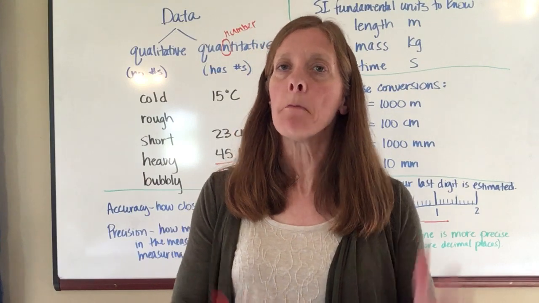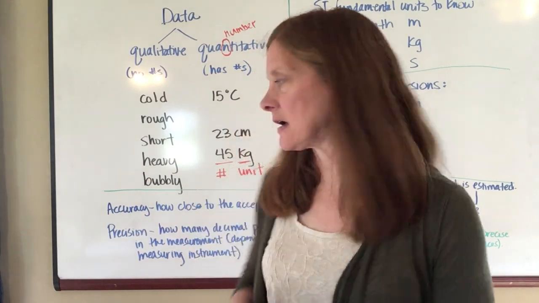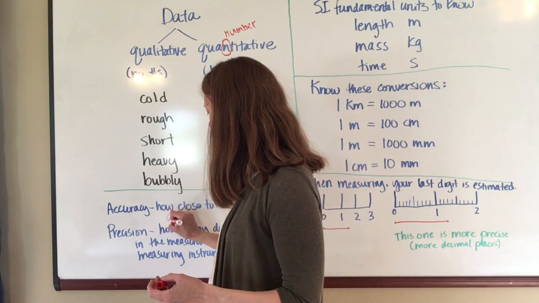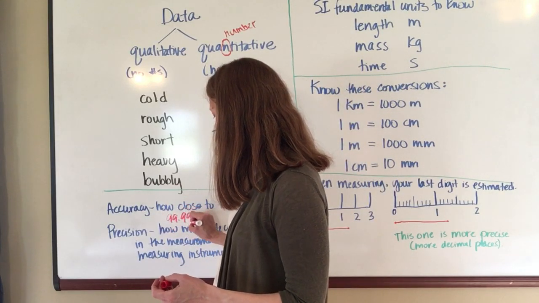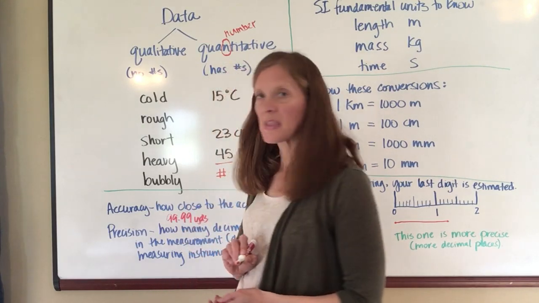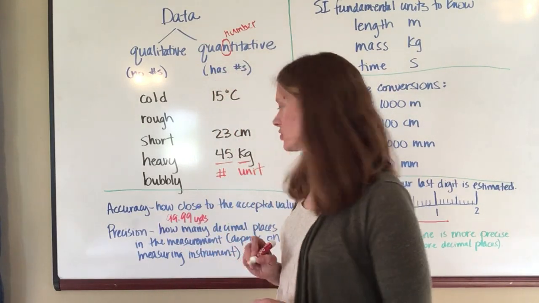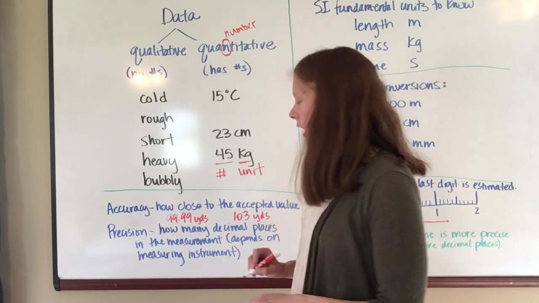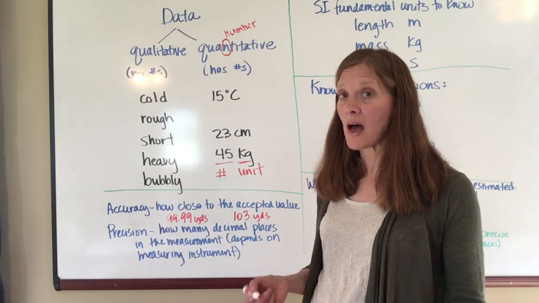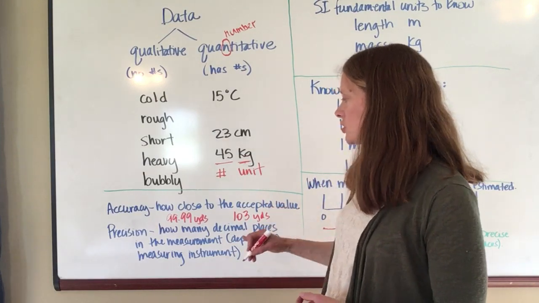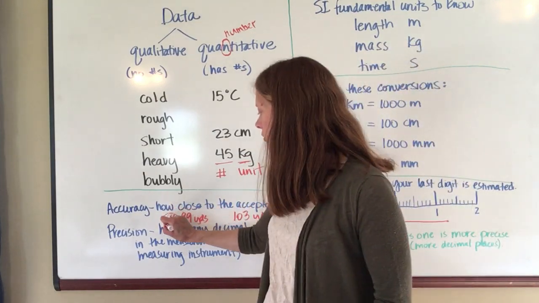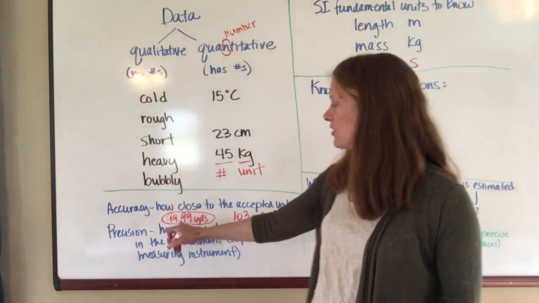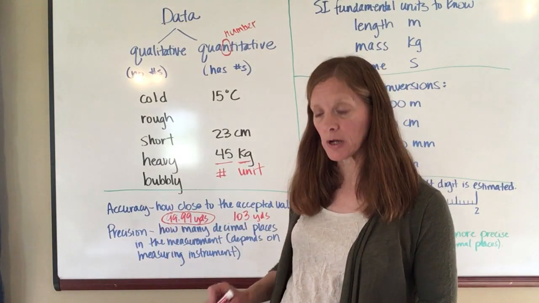And so if you measure a football field and somebody measures it as 99.99 yards, and somebody else measures it as 103 yards, obviously one of those is a lot closer than the other. Because 99.99 is the one that is closer to the accepted value of 100 yards, it is the one that is more accurate.